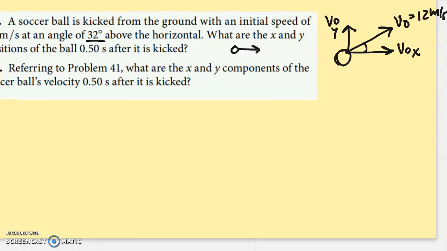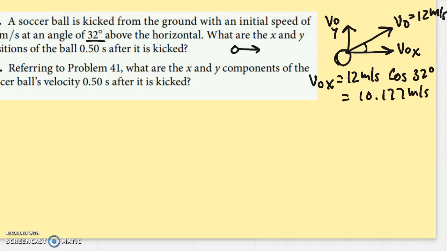So if I want the initial velocity in the x direction, I'm going to take that 12 meters per second, and since that v0x is right beside the angle, I'm going to multiply by cosine of 32 degrees, and if I do that, I end up getting 10.177 meters a second.